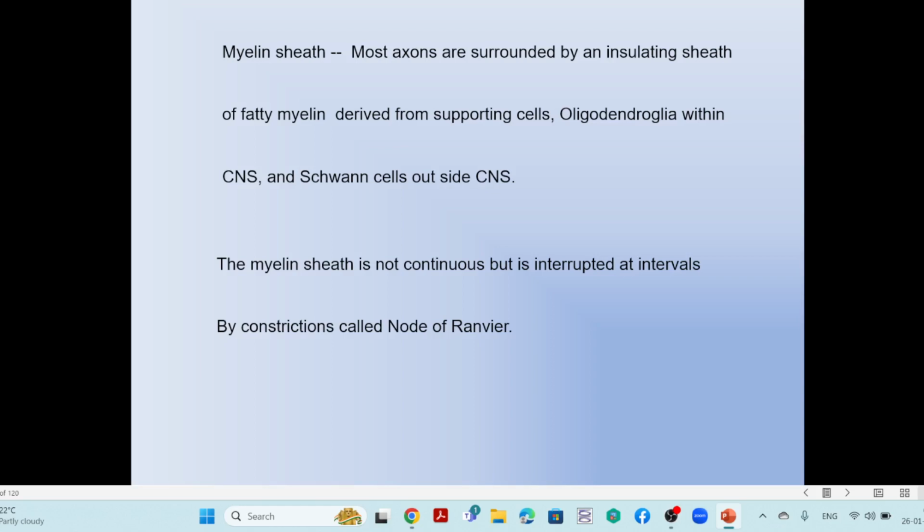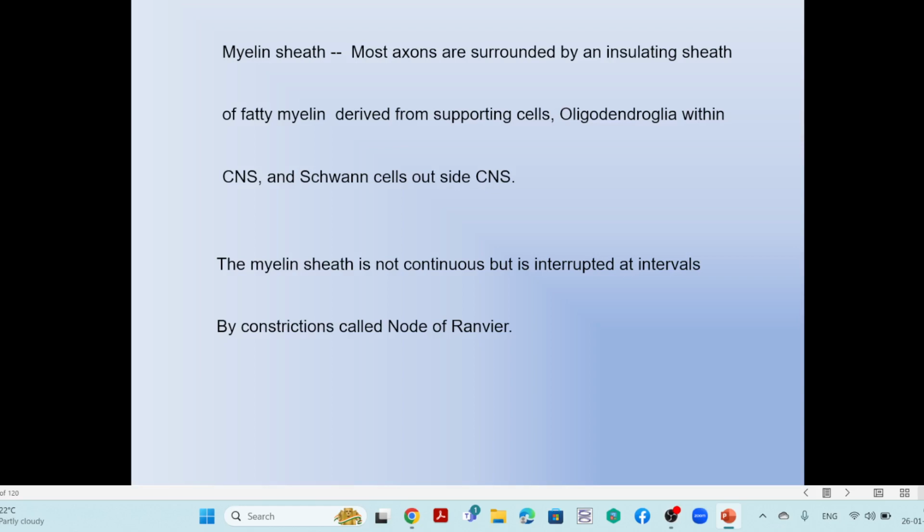The myelin sheath is not continuous, but is interrupted at some regions. So the myelin sheath has no continuation there, it is a break, a cut. That particular cut portion, a constriction, is called the node of Ranvier.